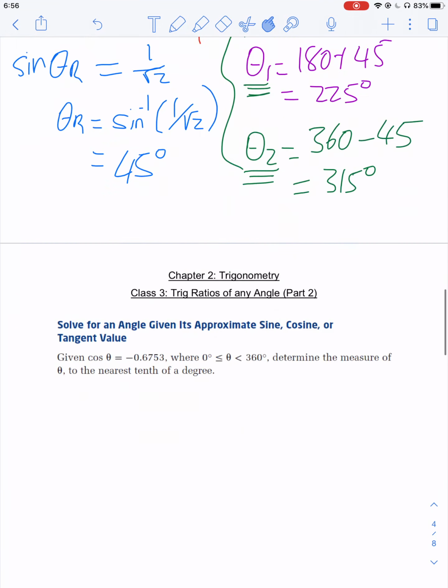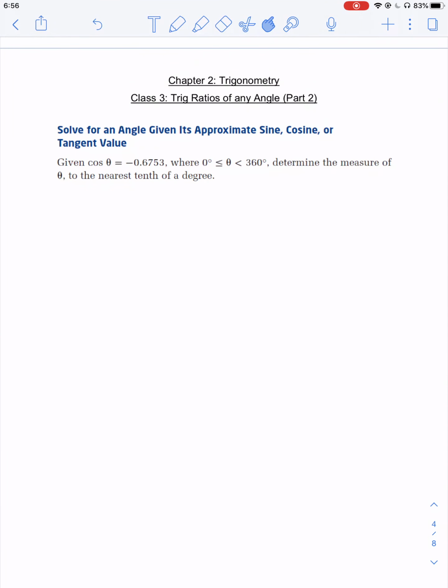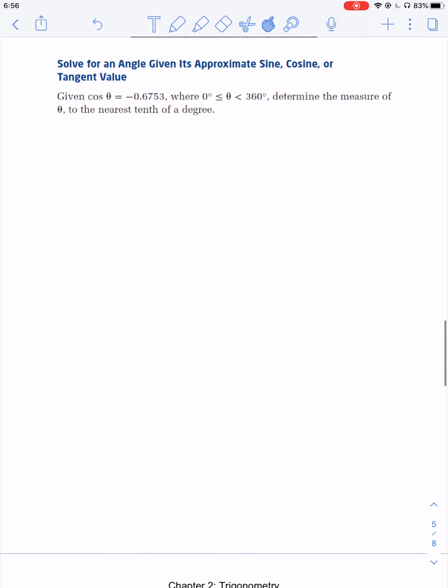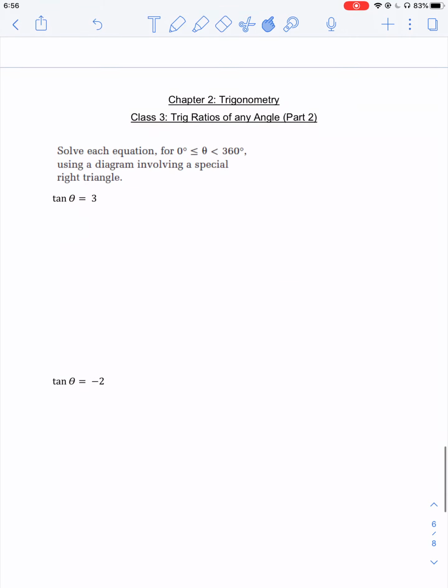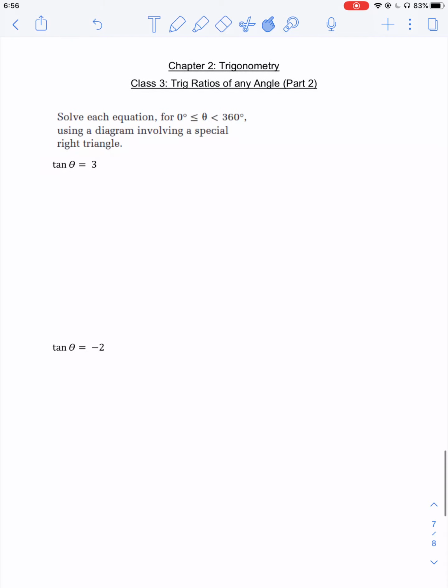Like 225, 315. Here it will be a decimal, okay? You're going to get decimal values, but the logic still holds. So you can pause this, take a picture of that, try it, and then maybe do this question too. And then tomorrow I'll show you how to do tan. Tan is much easier, guys, okay? With tan, you don't have to draw any pictures.